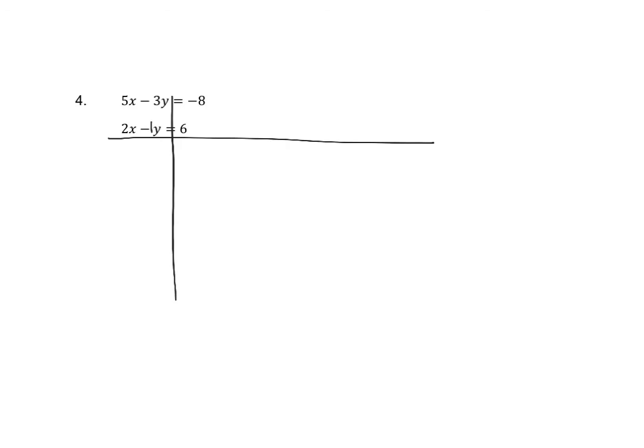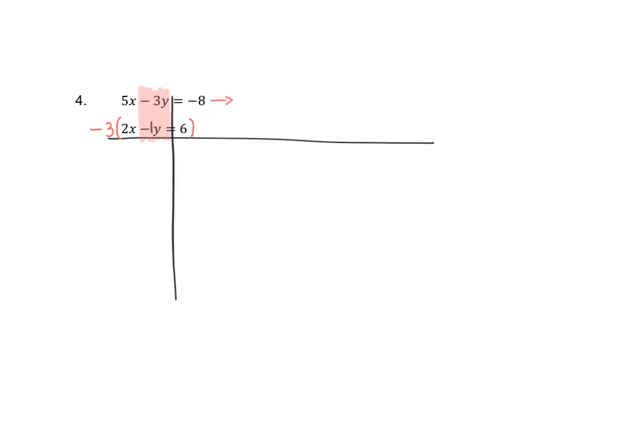So let's turn the 1 into the 3. Turning a 1 into a 3, I'm going to multiply this bottom equation by 3. And because we have these signs that match right now, that's a problem. In order to get these signs that match to not match, I'm going to throw the negative in front.